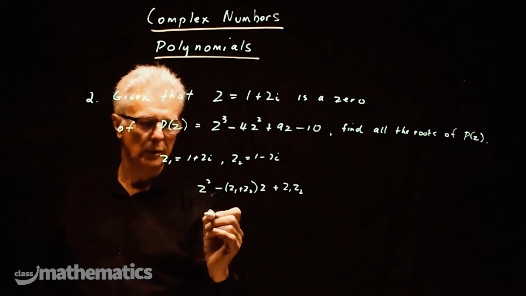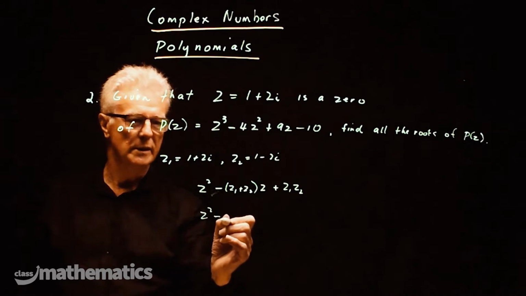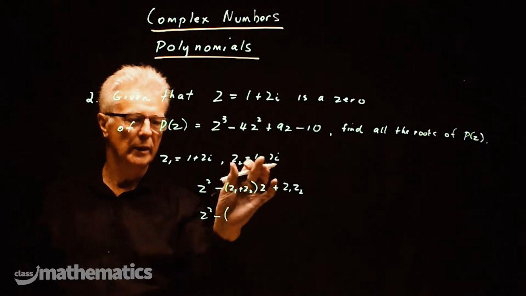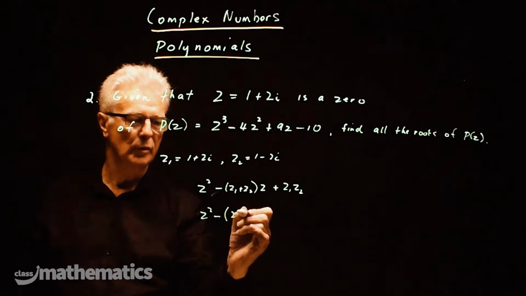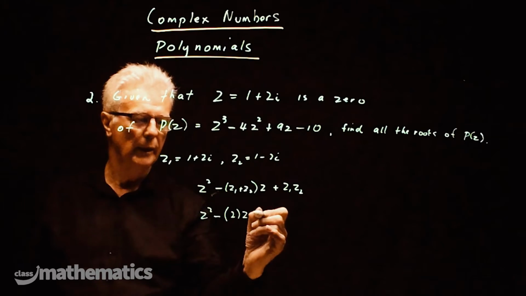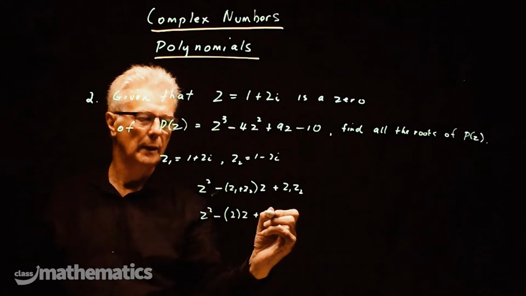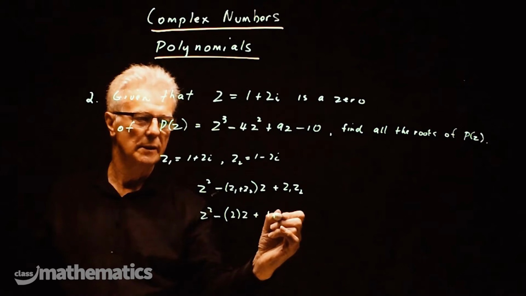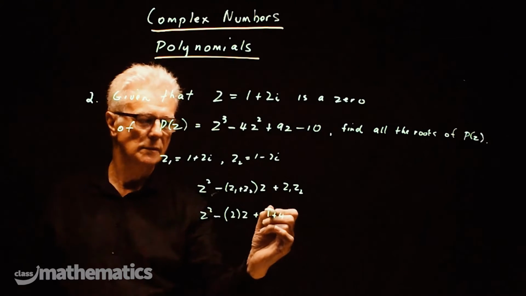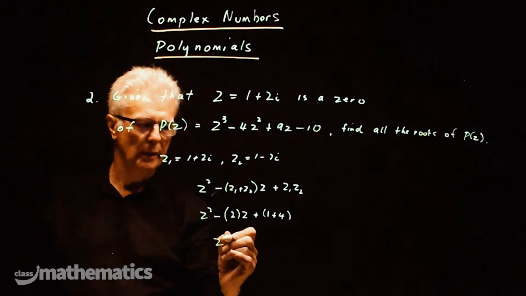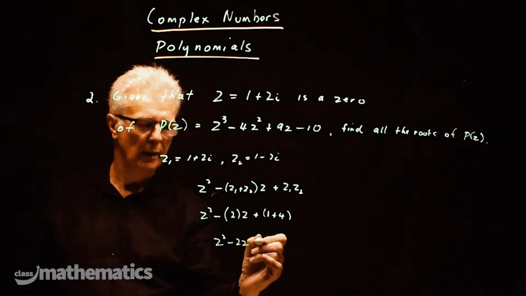That's going to be equal to z squared minus the sum. Adding these two together, the imaginary parts go out and we get just 2, so it's 2z. Then the product: we multiply those two together and you get 1 plus 4, which gives 5. So our little quadratic is z squared minus 2z plus 5.